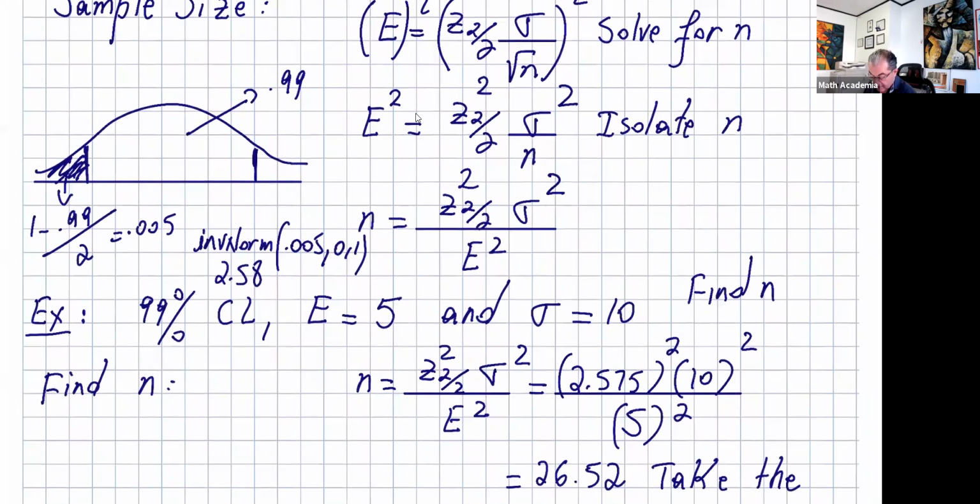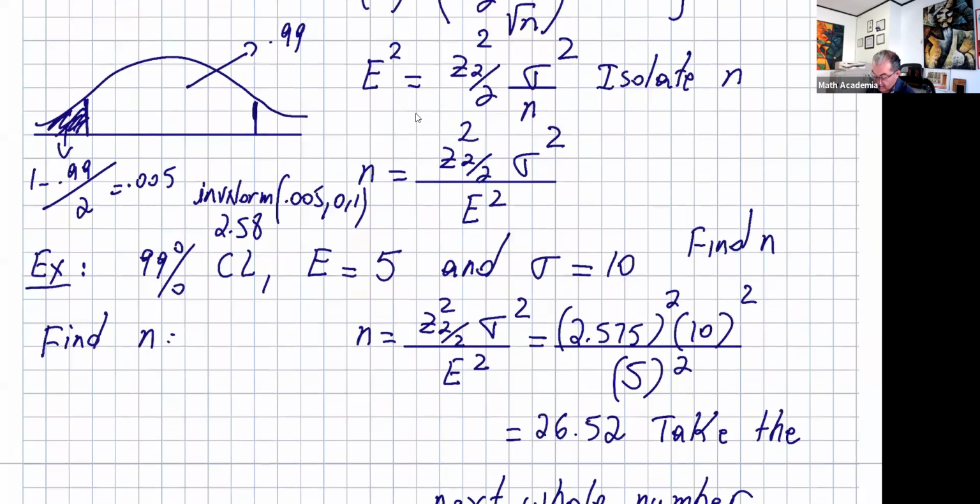Now I put an example here for you. Confidence level is 99%, E is given to be 5, and sigma is 10. Find n. All you have to do here, find the critical value for Z. Same way, this is 99%. This area is 1 minus 0.99 divided by 2, which is 0.005.